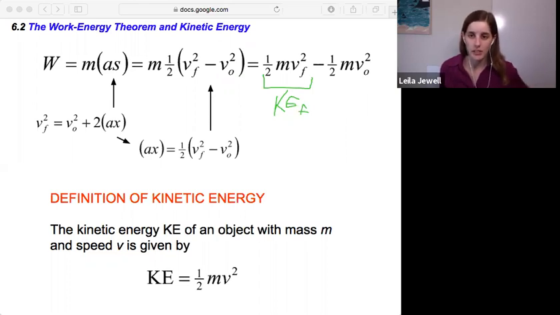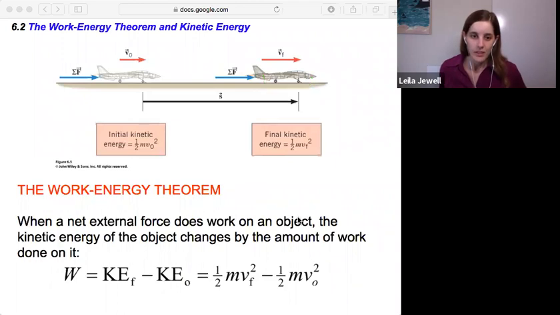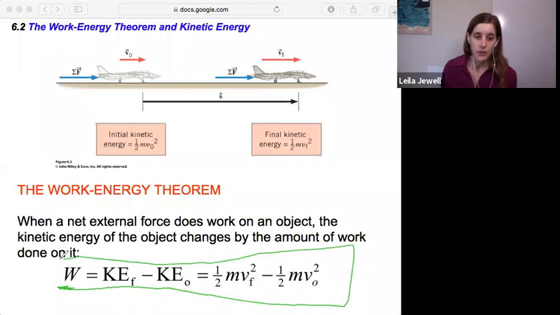So let's take a look. The work energy theorem says when a net external force does work on an object, the kinetic energy of the object changes by the amount of work done on it. So if you have work being done, that will change your kinetic energy. Your final kinetic energy minus your initial kinetic energy will give you the work.